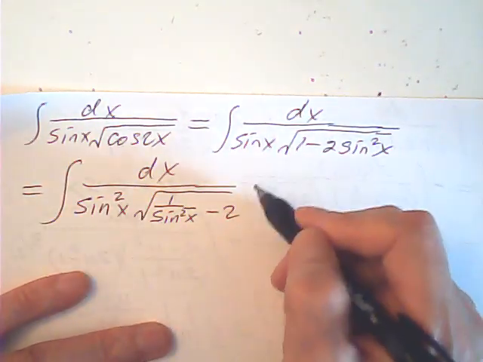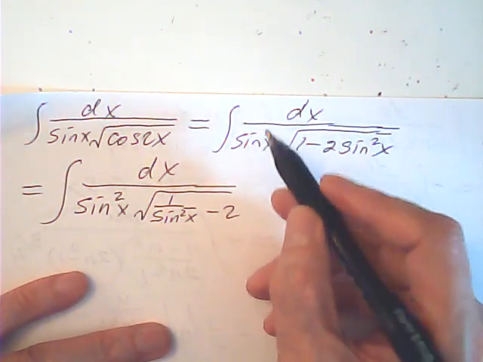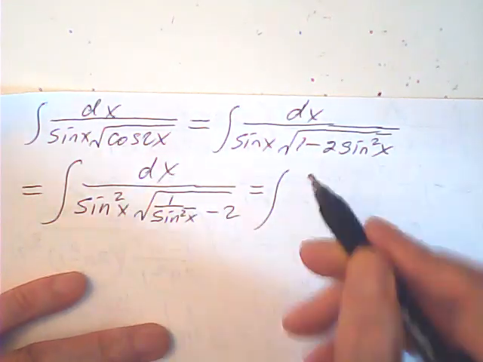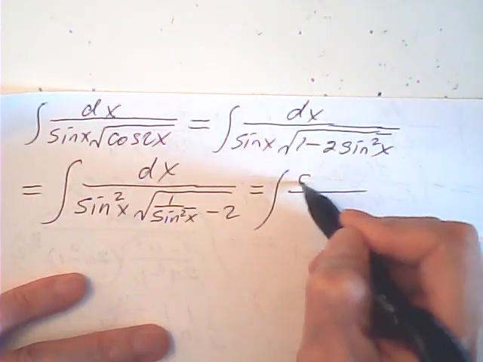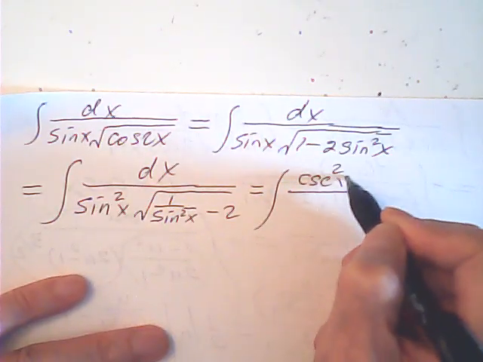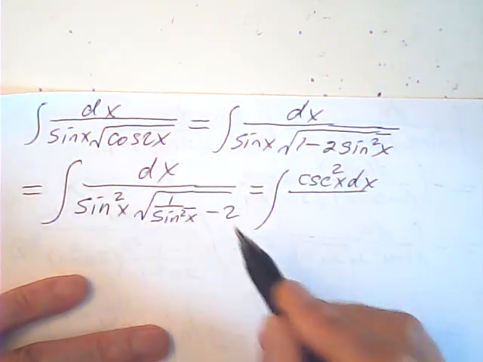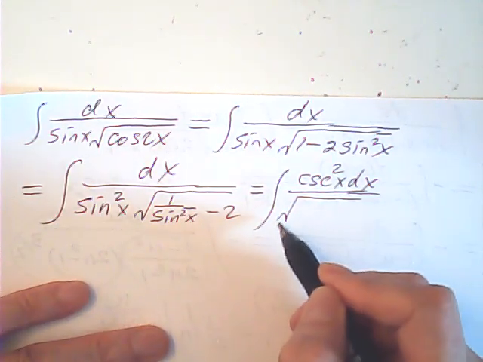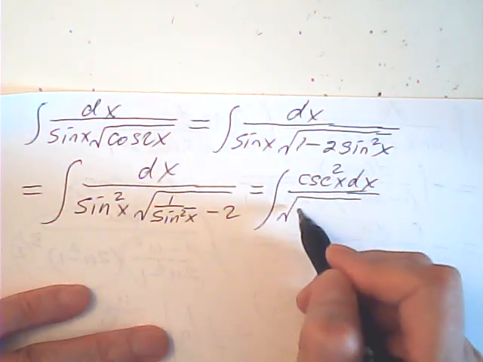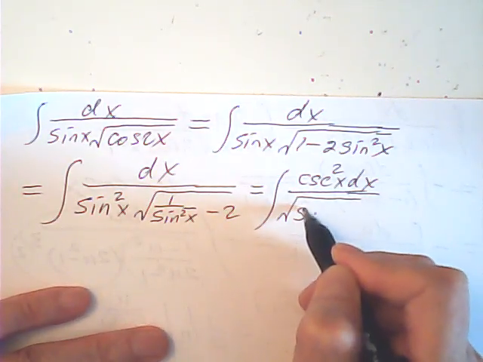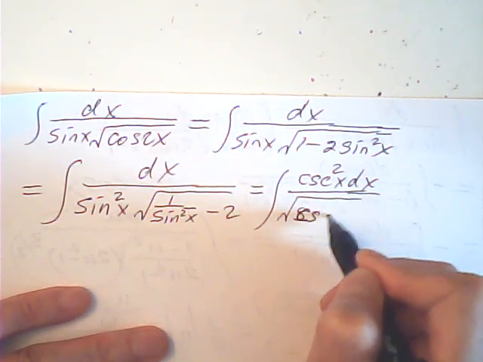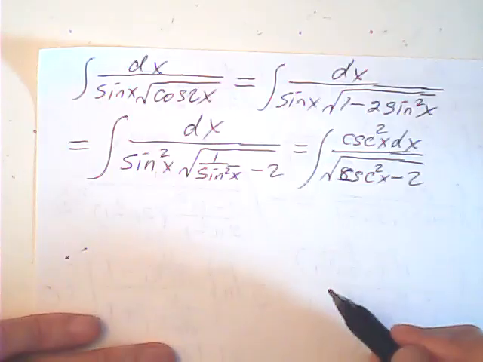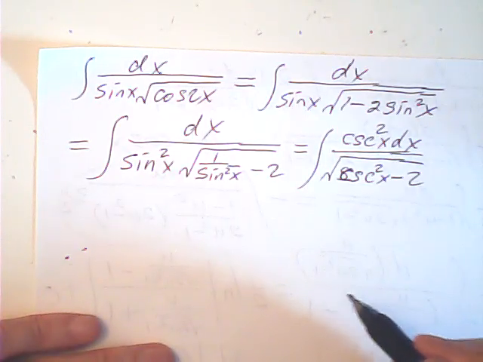So this one is equal to, this one goes on top as a cosecant square dx. This would be cosecant square minus 2.